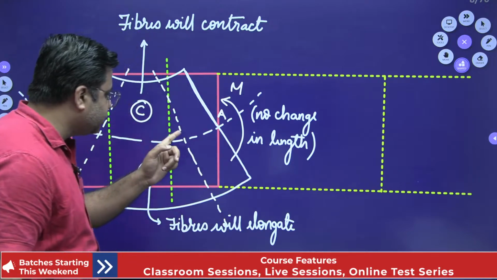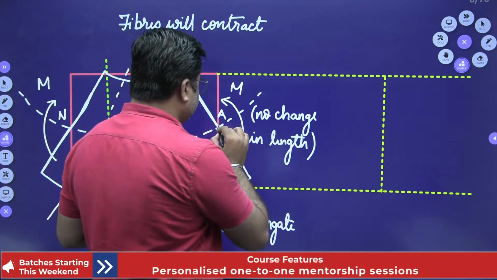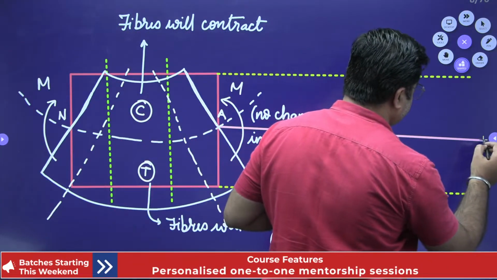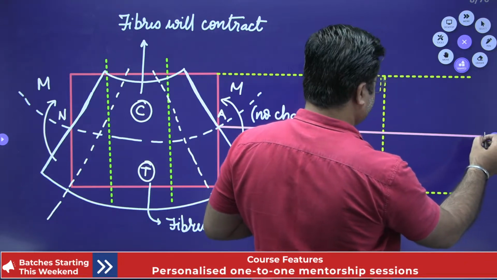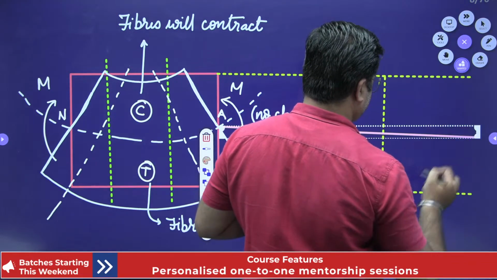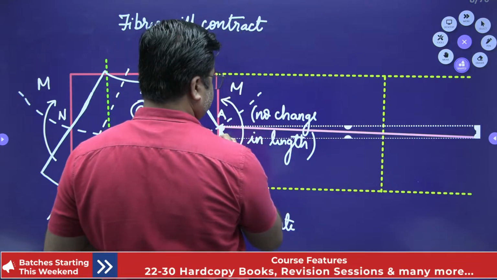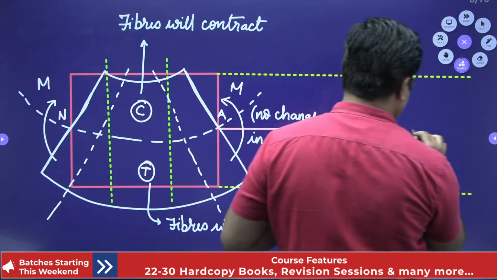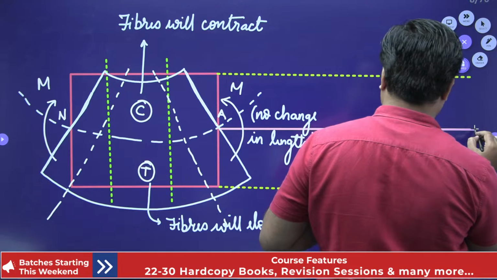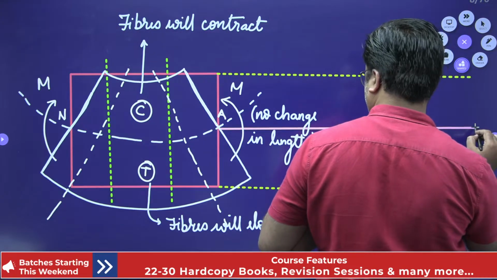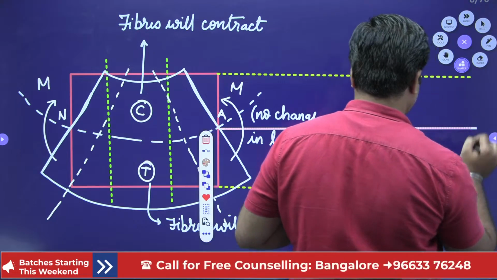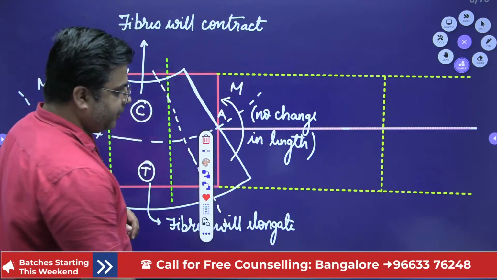So the value of strain for this neutral axis is also 0. So I am again drawing this neutral axis. This is my neutral axis like this.